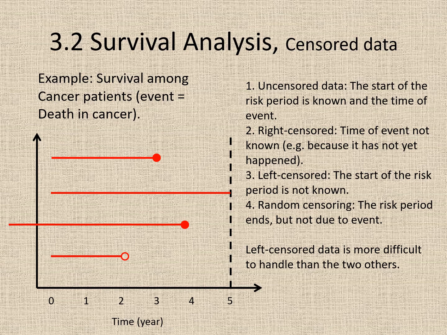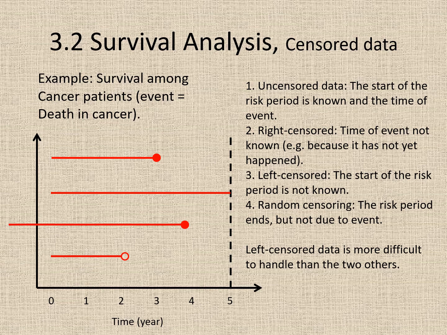Of course, it might happen that a person stops being under the risk of dying from cancer, but not because they died from cancer. Maybe because they died in a car crash, for instance. So if you die in a car crash, you will never die in cancer. It's a perfect cure. So the risk period ends, but not due to the event happening.